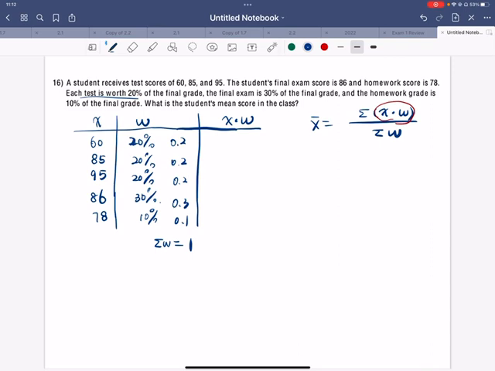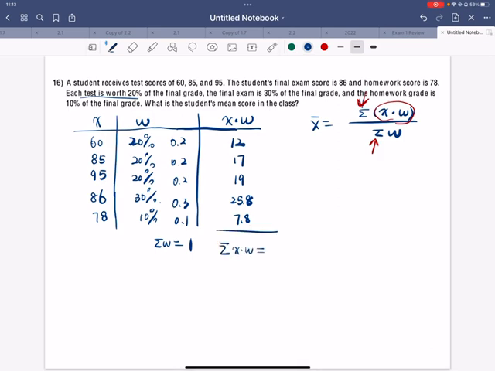Okay, do that. 60 times 0.2 is 12, 85 times 0.2 is 17, 19. If I'm wrong, check me. What is 86 times 0.3? Okay, X times the weight. And then we need to take the sum, right?